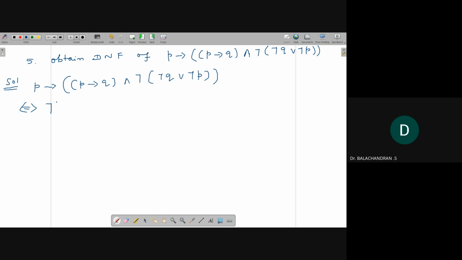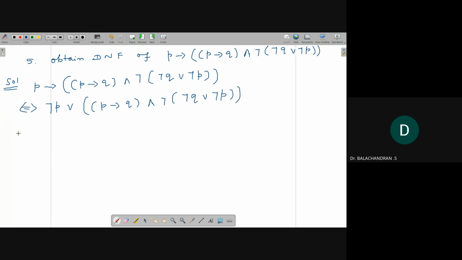So negation P or Q. Q is what? Q is the whole expression. P implies Q and negation of negation Q or negation P, close this bracket, close this bracket.